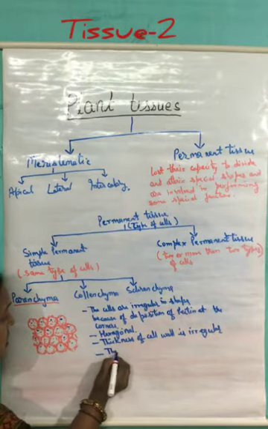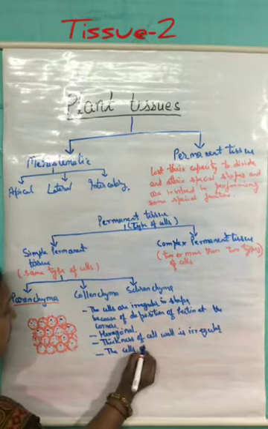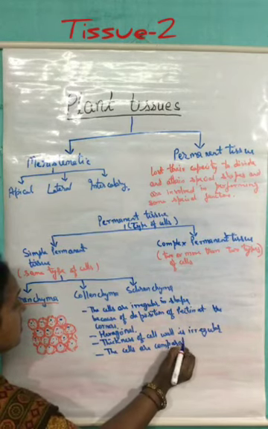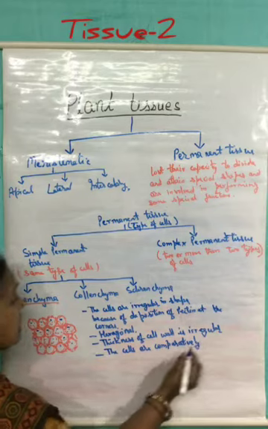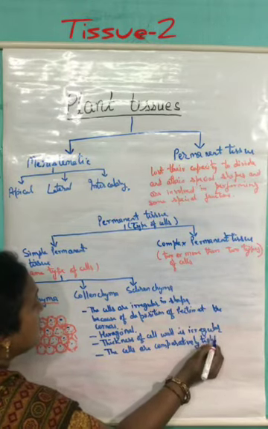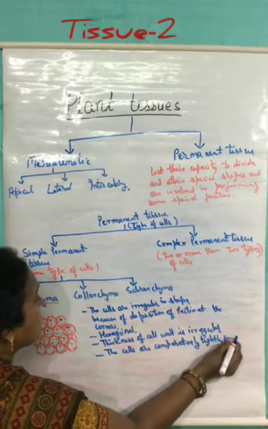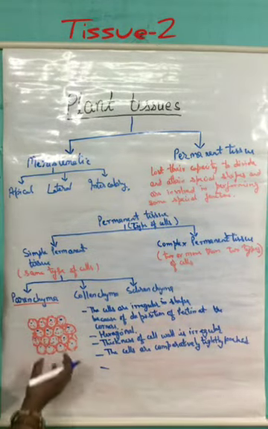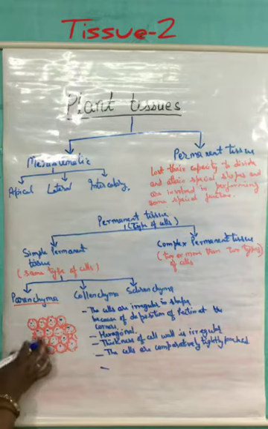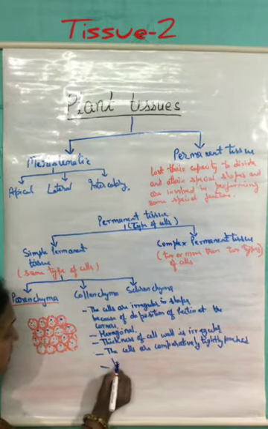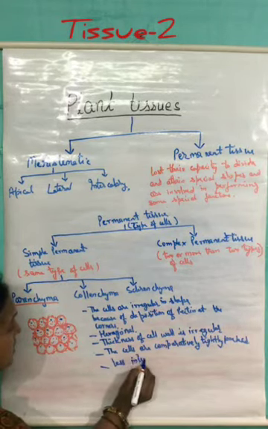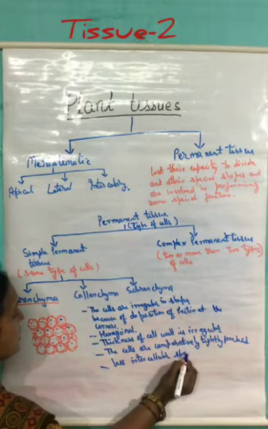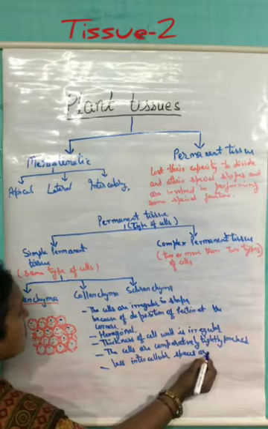The cells are comparatively tightly packed, and as the cells are tightly packed, we can see less intercellular spaces are present.